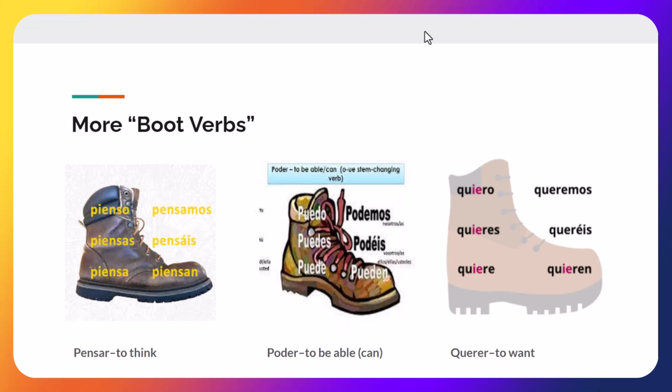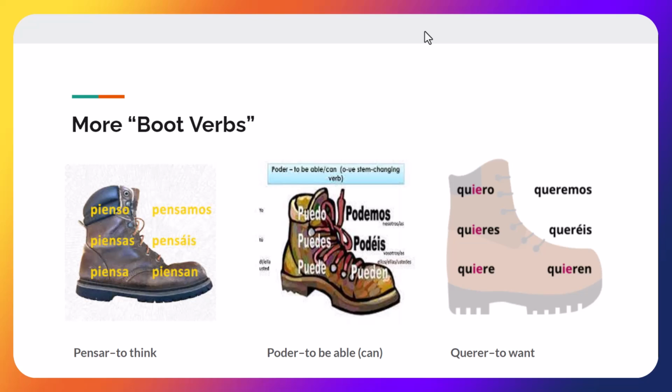Puedo, puedes, puede, podemos, pueden. So that's I can, you can, he can, we can, they can. All right, so that is an example of an O to UE stem changing verb. Once again, we call them boot verbs for obvious reasons here, because if I drew a line around all of the forms that change, it would look like a boot.